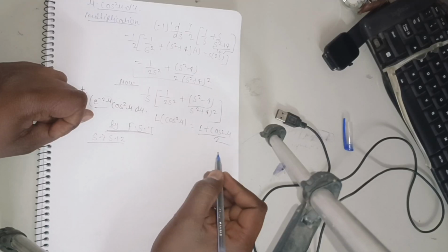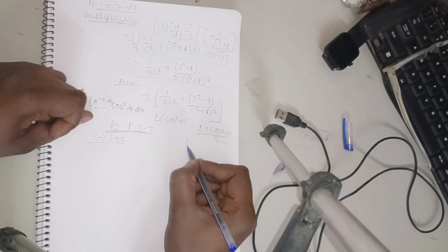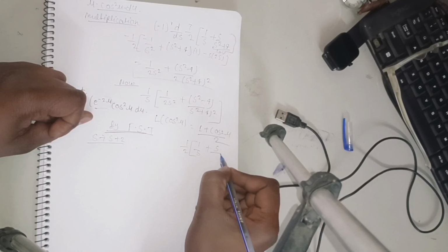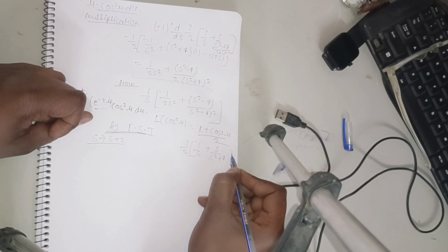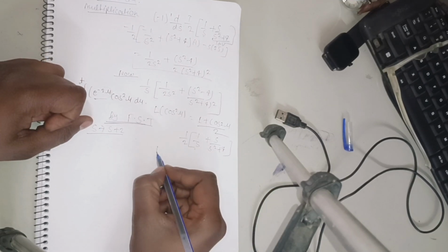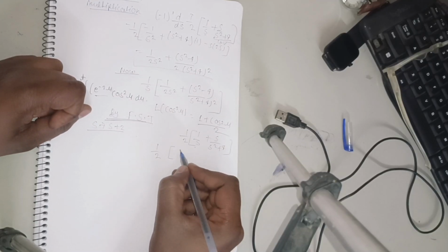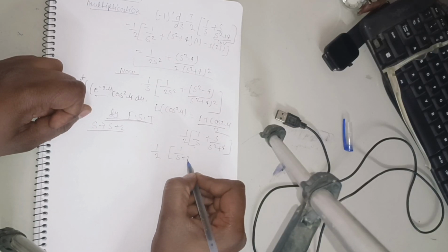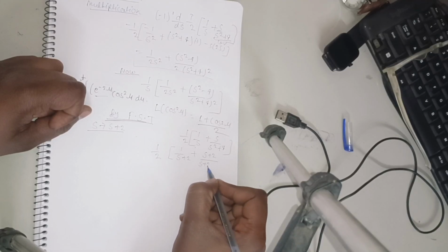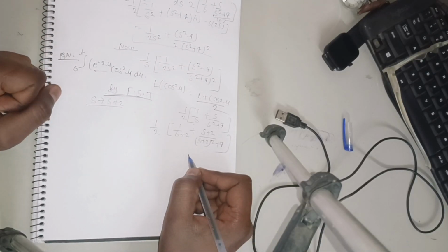So now simply here the Laplace taken is 1 by 2 of Laplace 1 upon s plus s upon s square plus 4, right? And here s can be replaced as s plus 2. So 1 upon 2 of 1 upon s plus 2 plus s plus 2 upon s plus 2 whole square plus 4. Okay, yes.